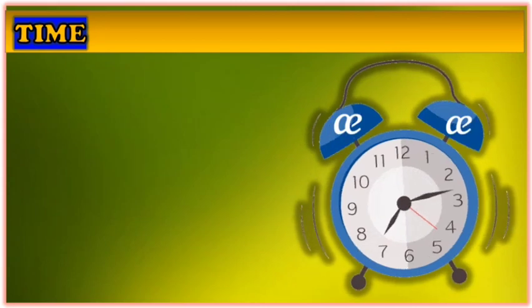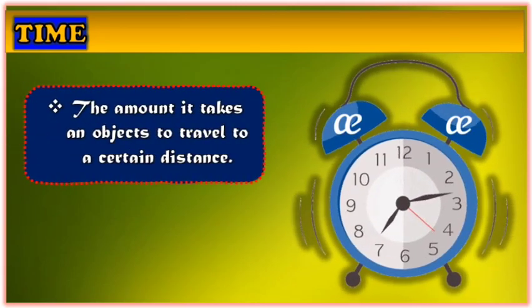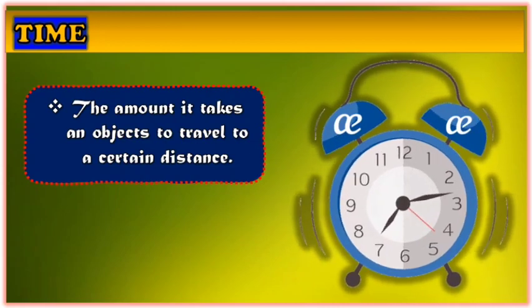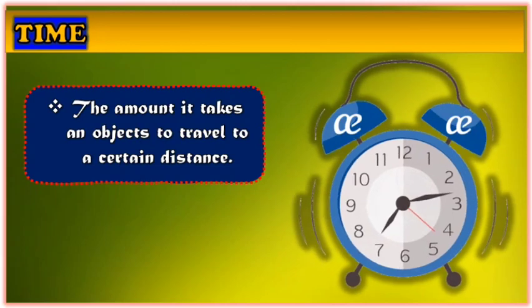Another one, we have also time. Paano naman yung time? So ang time, the amount it takes an object to travel a certain distance. Gaano kaya siya katagal mag-travel, mabilis lang ba niyang travel o mabagal? O dahil nga naglakad siya, mabagal. Dahil nagbike siya, mas mabilis.